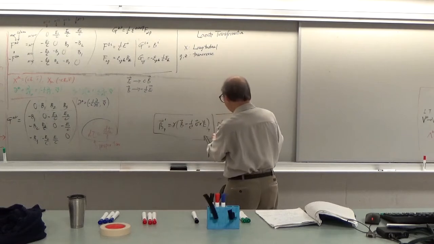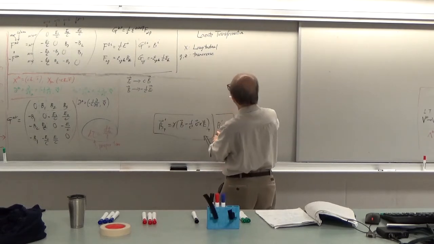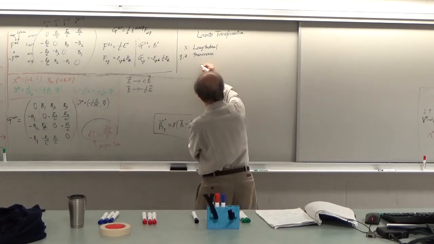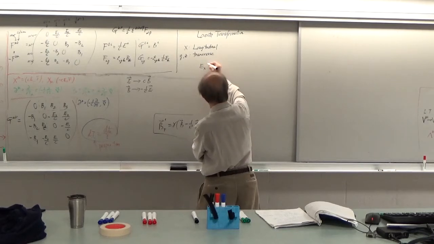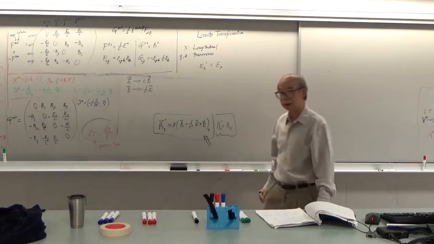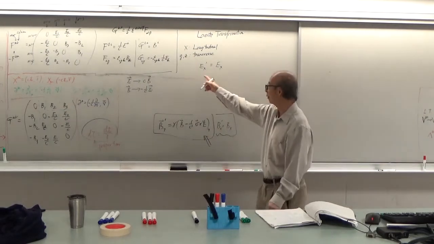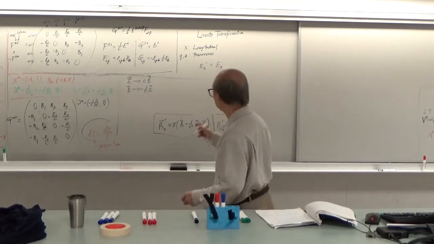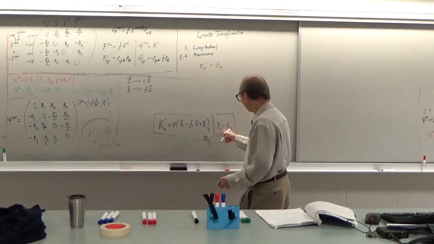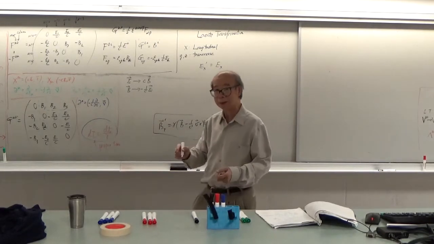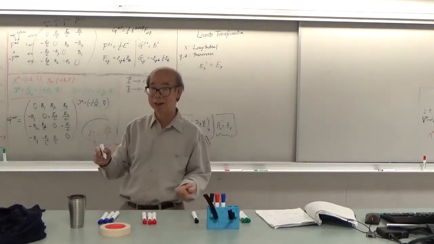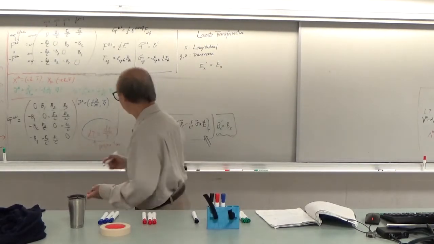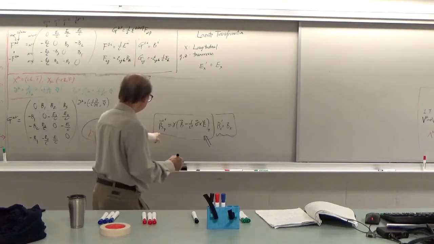So essentially, in that case, this equation will be translated into the x component of E prime is equal to the x component of E. So the longitudinal component of the electric field E, just like the longitudinal component of magnetic field B, is invariant under Lorentz transformation.